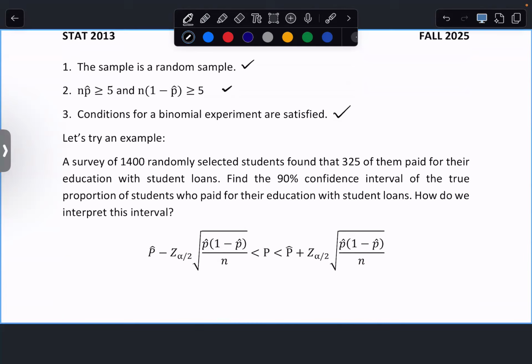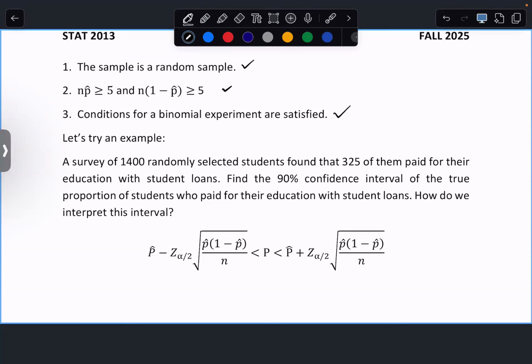We are working on the proportion, and we said that we will construct the point estimate, which is the sample proportion, and that is not enough. We want to construct a confidence interval for the population proportion. To do that, we need to know our point estimate, p hat, the sample proportion, which is usually equal to x divided by n. X here is the subset of interest.